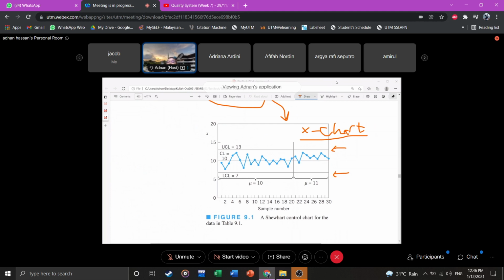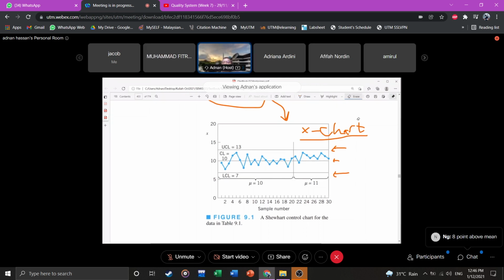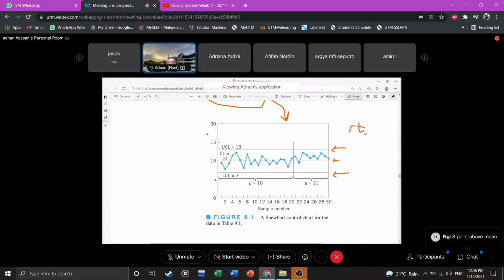Is there any change or not? Please put your opinion in the chat box. What do you observe? Yeah, it shifted slightly above. Yeah, it's slightly shifted. So the mean is shifted.